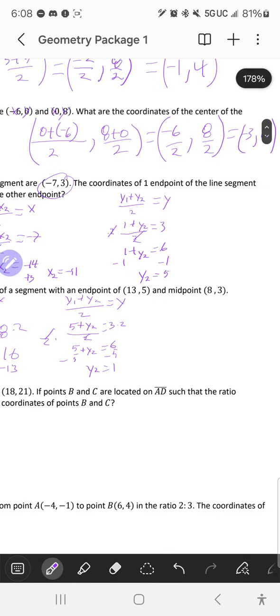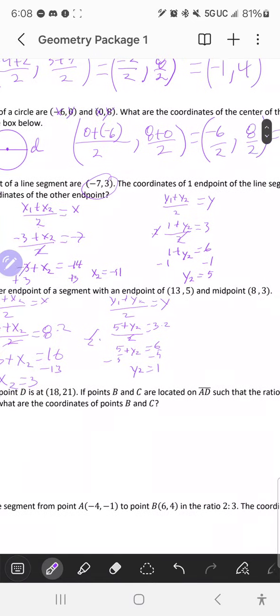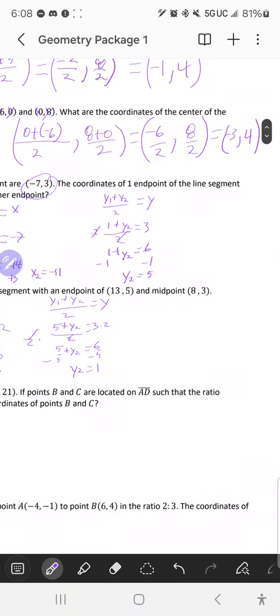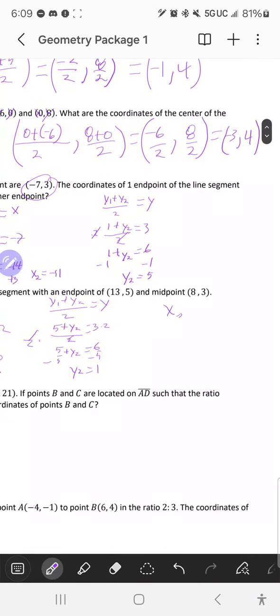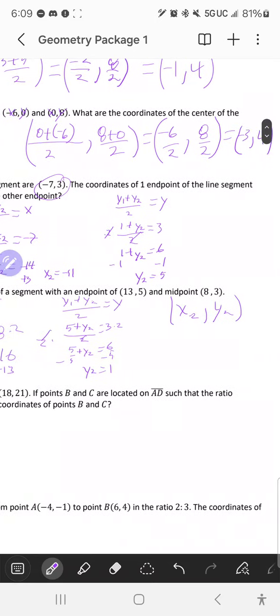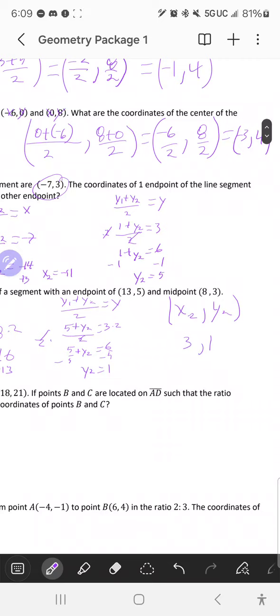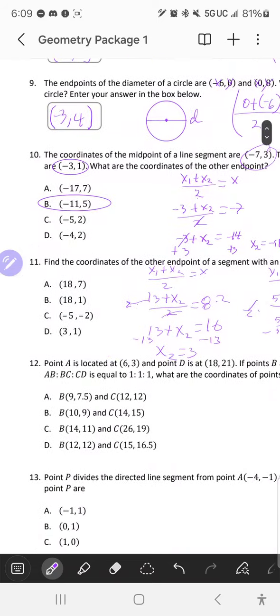So our coordinates for the other endpoint are going to be x2 comma y2, in this case 3 comma 1. And this is going to be our answer.